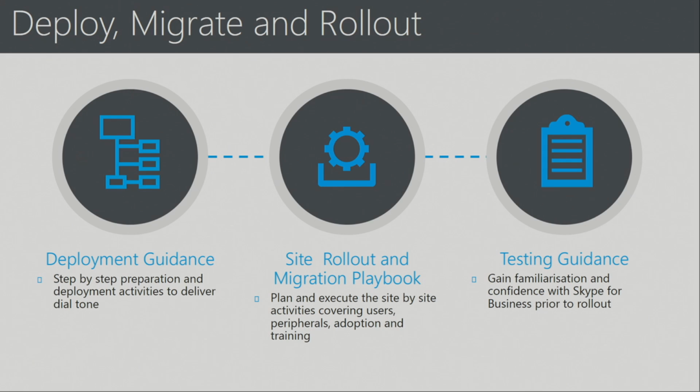And then testing guidance. How do I do proper testing, right? Microsoft provides a testing matrix, a document that you can run through that provides use cases for you to do functional testing, right? This is not just the typical smoke test of, hey, he signed in, right? But am I actually able to go through and do the things that need to be done?